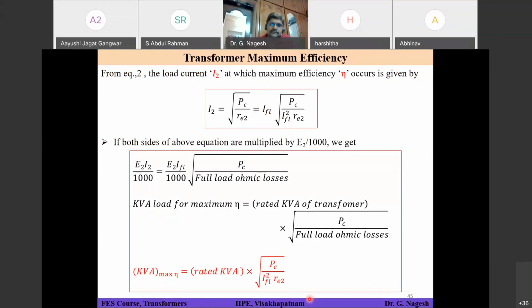That means kVA corresponding to maximum efficiency is some fraction of your rated kVA. That fraction is root of PC by IFL square into RE2, root of core losses by full load copper loss. Similarly, current corresponding to maximum efficiency is rated current IFL into root of core losses divided by full load copper loss. So these two expressions you have to remember.